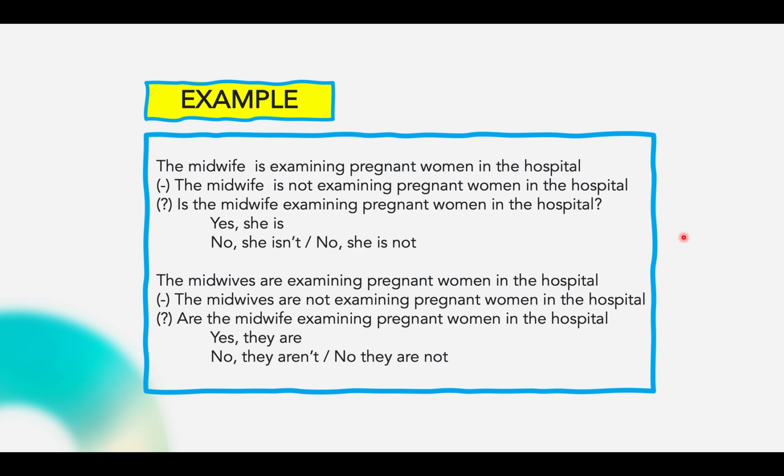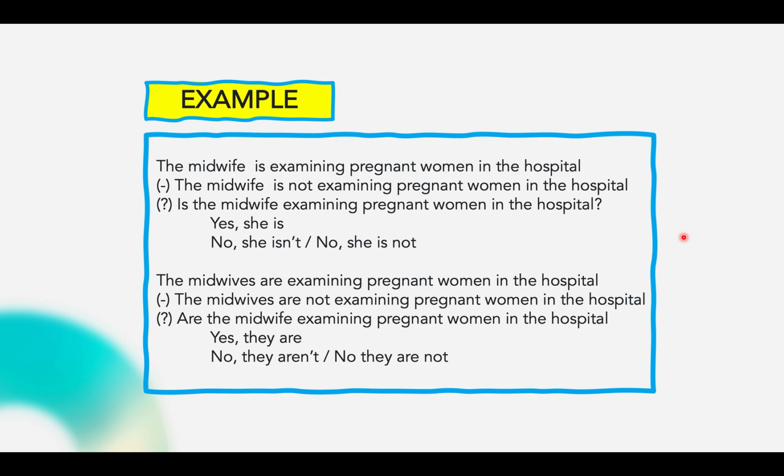The midwife is examining pregnant woman in the hospital. For the negative, the midwife is not examining pregnant woman in the hospital. And the interrogative, is the midwife examining pregnant woman in the hospital? When you want to answer yes, just say yes, she is. And when you want to answer no, just no, she isn't, or no, she is not.